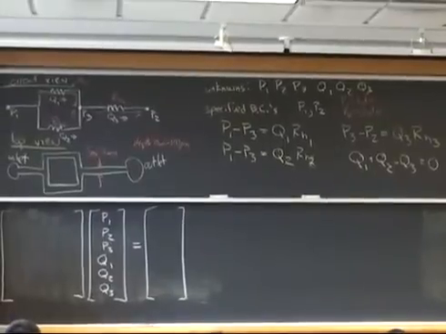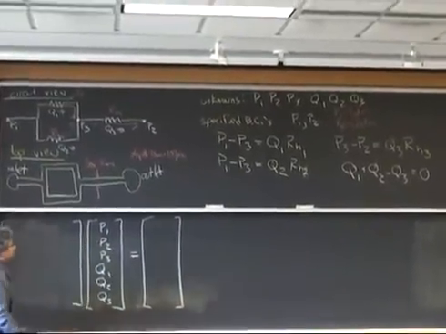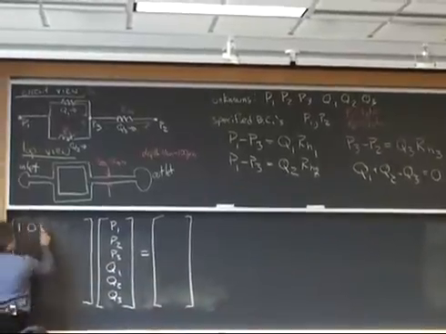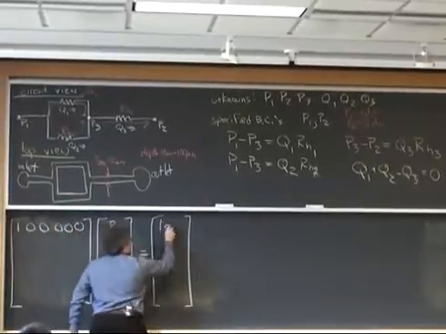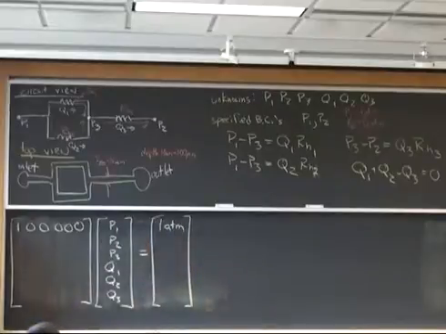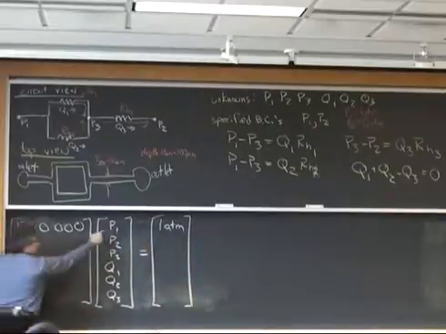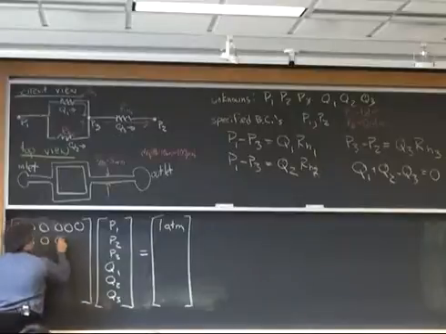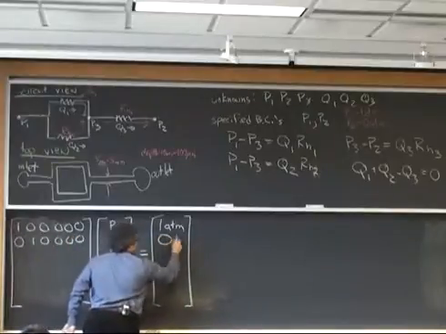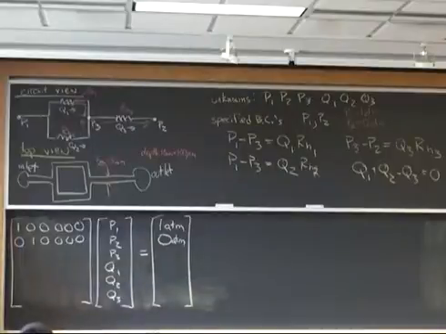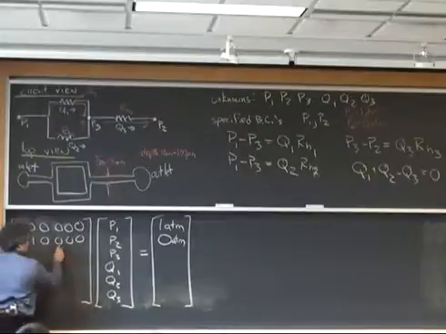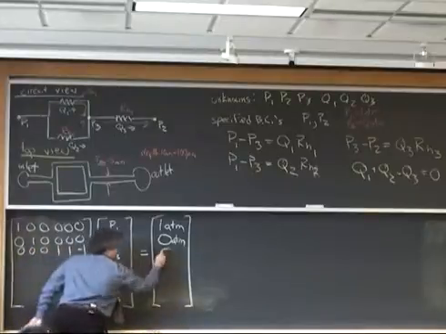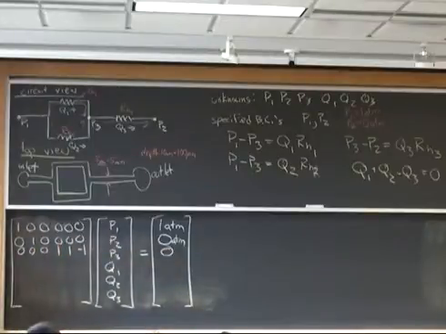And that's relatively straightforward to do. My first equation says that P1 is equal to 1 atmosphere. And so as I've written this matrix here, I'm basically saying 1 times this pressure plus nothing else is equal to 1 atmosphere. I could do that for the other boundary condition. If I take my conservation of mass equation, Q1 plus Q2 minus Q3, that's equal to 0.